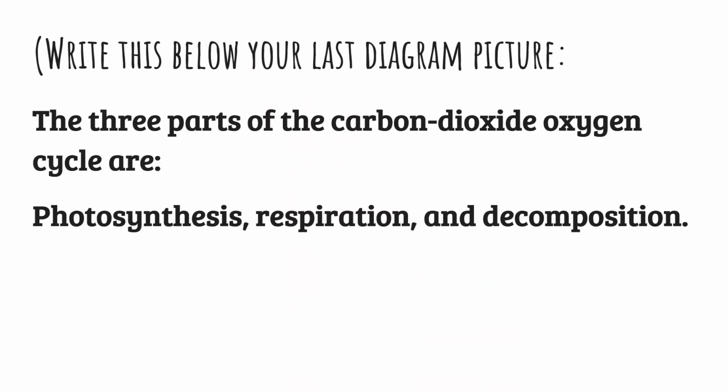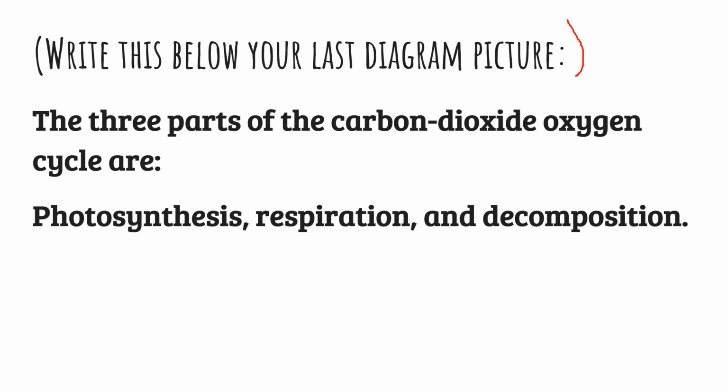So underneath your last diagram, there should be a parentheses here. Underneath your last diagram picture, so underneath where you drew that worm or decomposer, taking in the dead stuff and releasing the CO2, I want you to write this. This is the main idea. If you have the printed notes, you don't actually have a spot to write this. You'll need to just fill it in the white space underneath there somewhere.